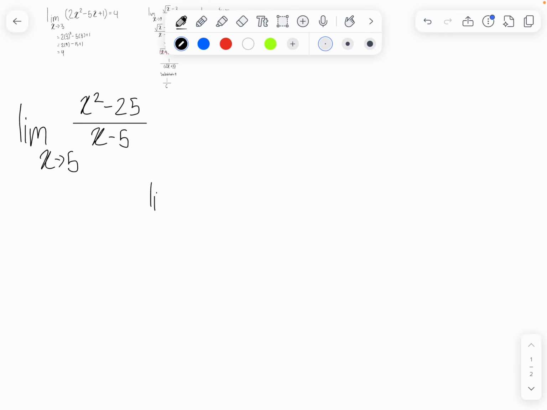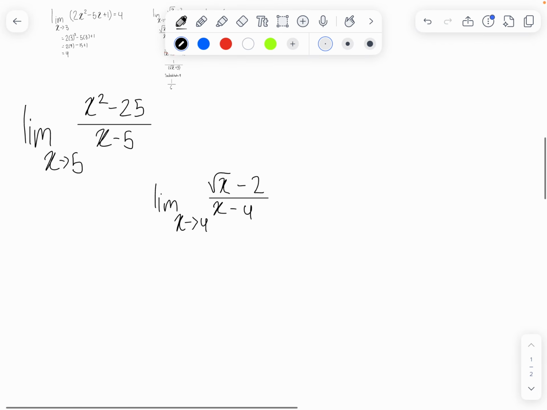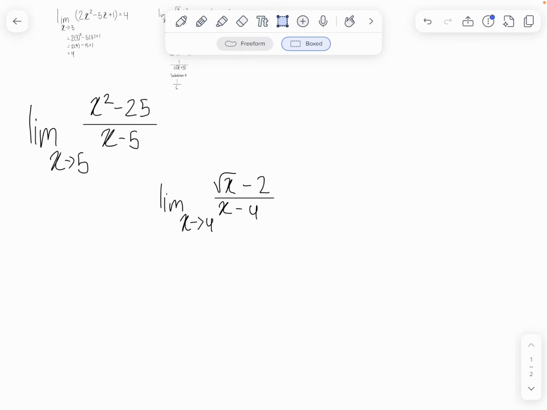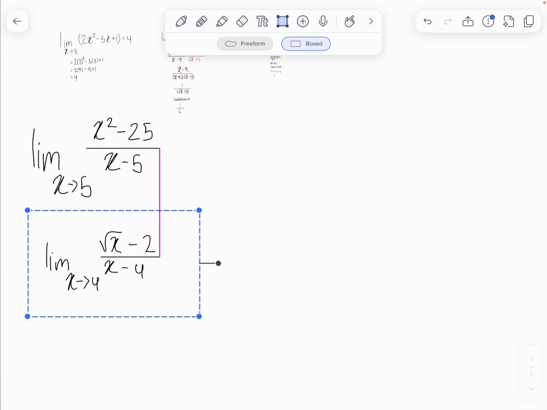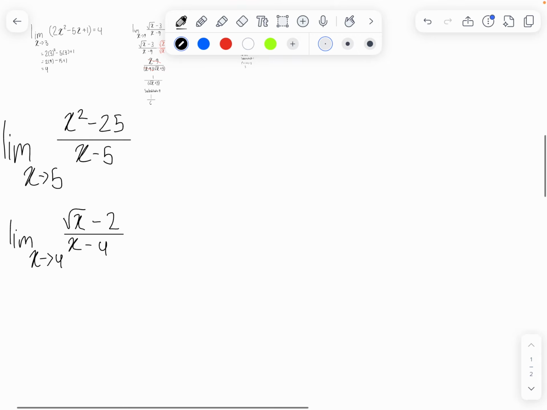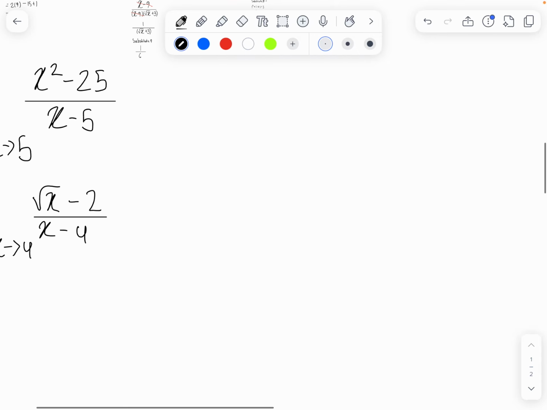What is the limit as x approaches 4 of x minus 4 over the square root of x minus 2? So that's your second question.